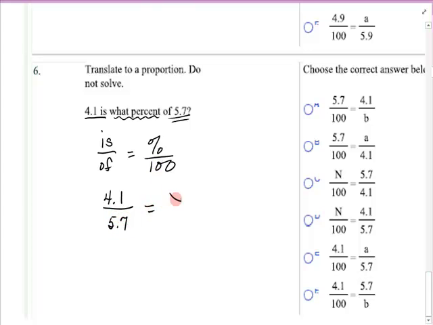The percent number, unknown, and it's over 100. So if I look for these, I think this is the only one. It has a 4.1 over a 5.7. It has a variable over 100.